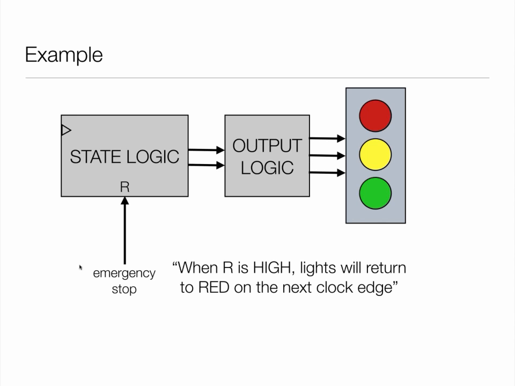Okay, so when the input changes, we might change state, or we might not. We might stay where we are, and nothing happens until the edge of a clock. So state logic maintains a state, some number telling us where we are in the sequence. It's clocked, that's what this is here. State doesn't change except on the edge of a clock, and the inputs tell you where you go next.